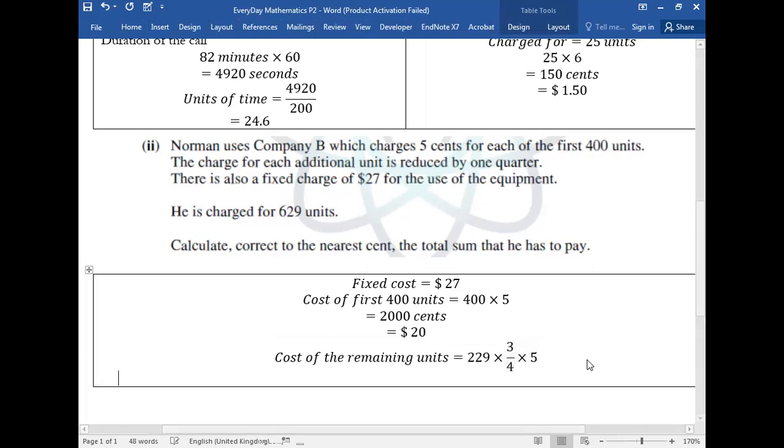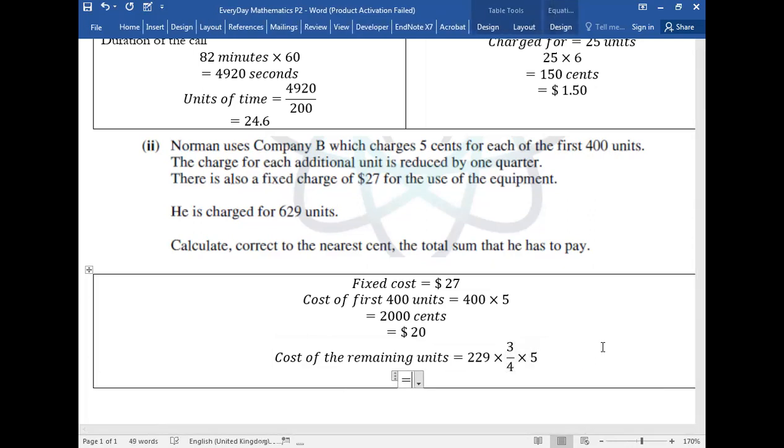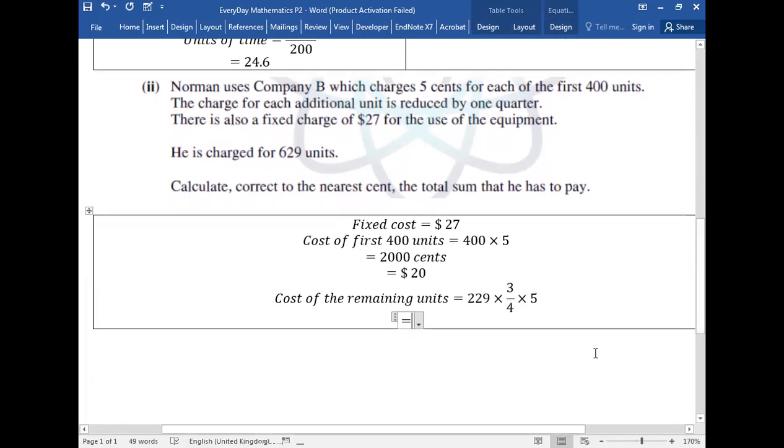So simplify this. Tell me, what do you get? Remember, you have the calculators. You can use the calculators. Use it smartly.